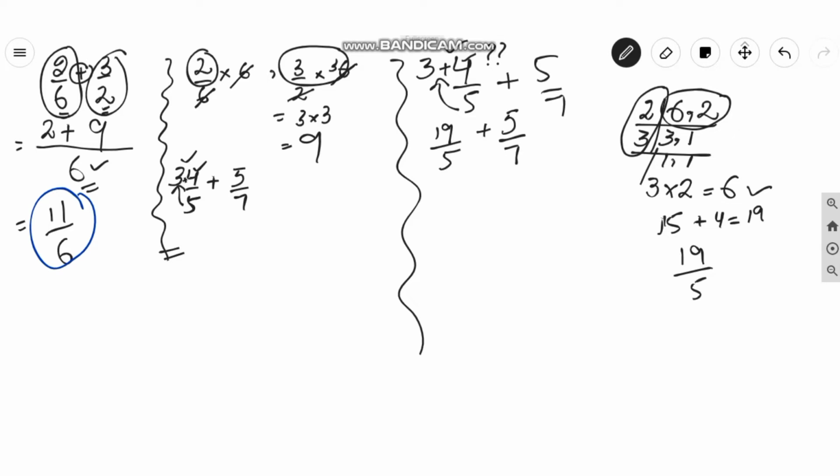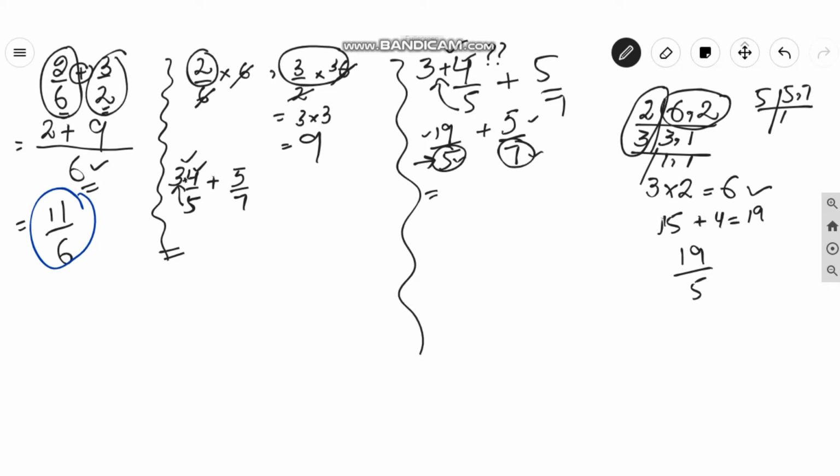Now you have to find the sum of these two fractions. Now let's have a look at the denominators of these two fractions. In the denominator, the numbers are not the same, so let's make them the same. Here it is 5 and here it is 7. Find the LCM of 5 and 7.